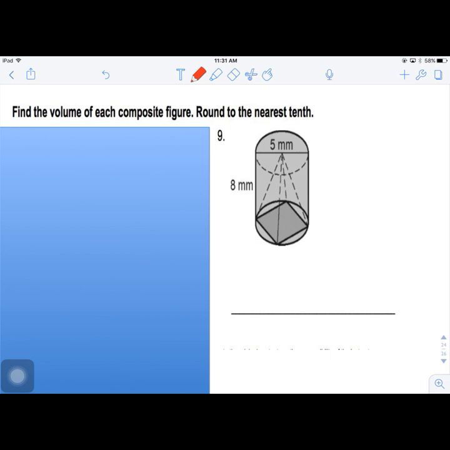Okay, hopefully you've had a chance to try the problem. We're going to do this, and as indicated, this figure is actually going to be a minus. So it's going to be a 1 minus 1 situation because we have the pyramid that is carved out of the cylinder. So the total volume is going to be the volume of the cylinder minus the volume of the pyramid.